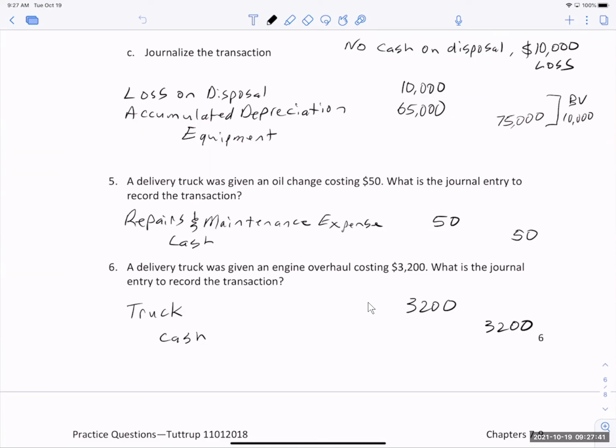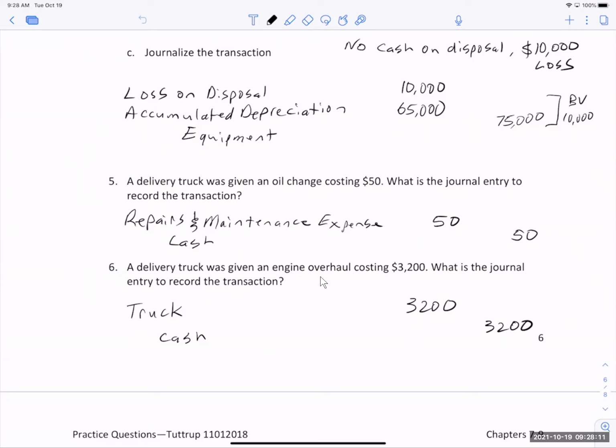And you say, well, why? They're both costs, but why is one repairs and maintenance, and why is the other the asset truck? This is how it works. If a cost that you incurred increases the useful life of the asset, in this case an engine overhaul, you basically have a new engine, right?